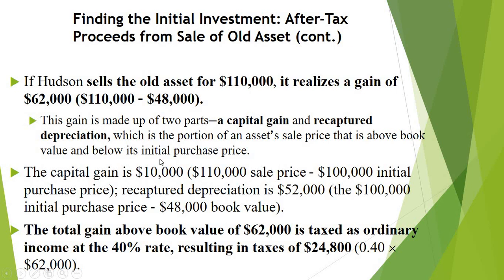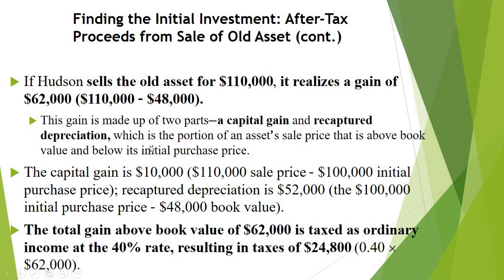So the capital gain is $10,000 and the recaptured depreciation of this machine is $52,000. So in this case, total gain is 62,000. That's the recaptured depreciation 52,000 plus $10,000.